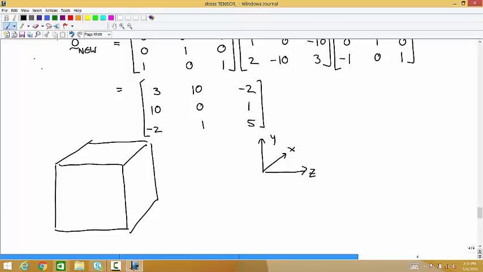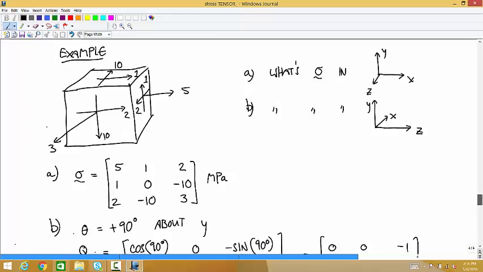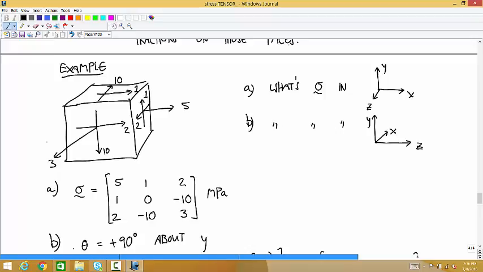It's a little bit of a nuisance to do this because now we see that this is the negative x face that's pointing towards us. So we're going to have to use the negative values when we draw on this. But what we're going to see is if we do this right, when we draw all these values on the stress element, we're going to get the identical stress element we started with. Okay.